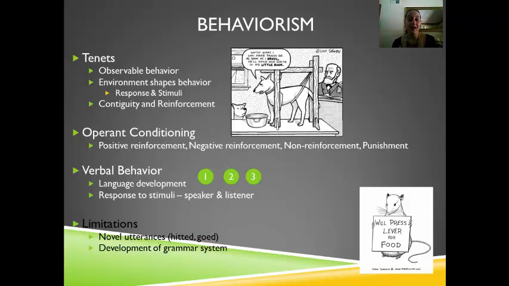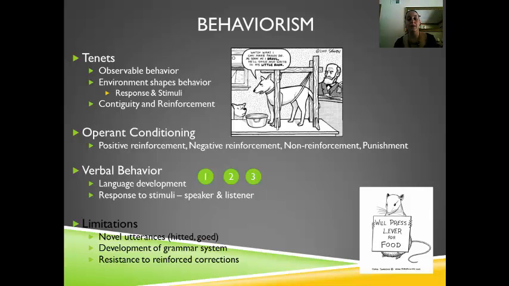However, under behaviorism, the idea is that everything is learned through behavior, right, and through response and stimuli. So that piece, the development of the grammar system, was not accounted for by behaviorism. And also, we see a resistance to reinforced corrections.